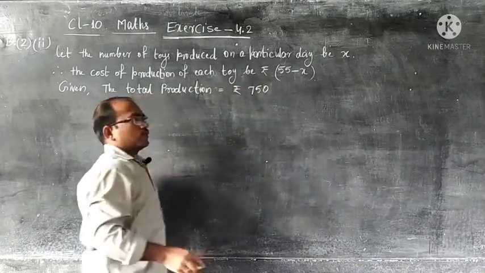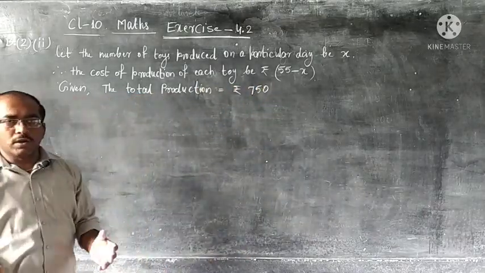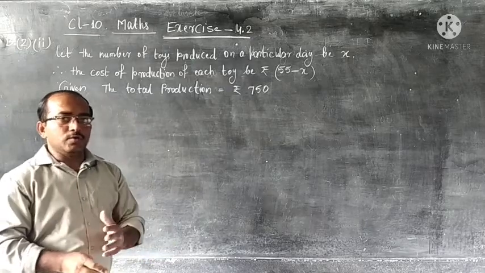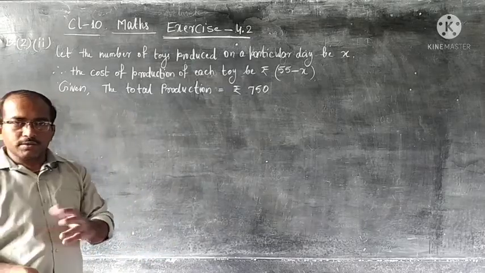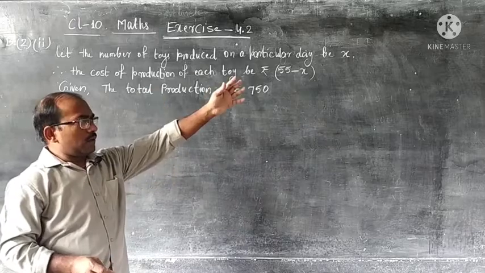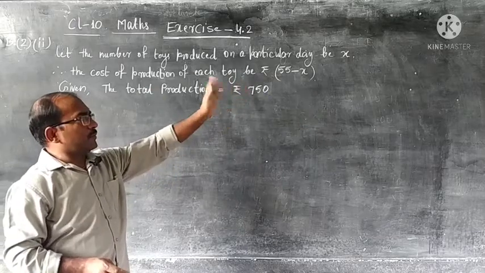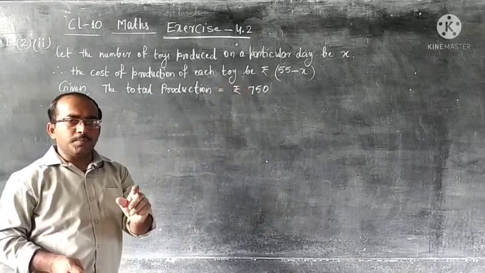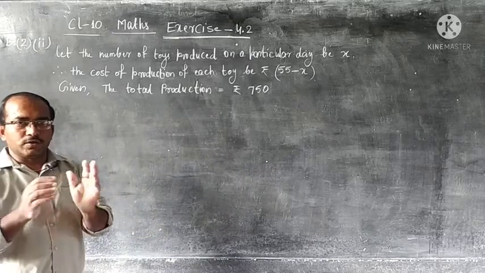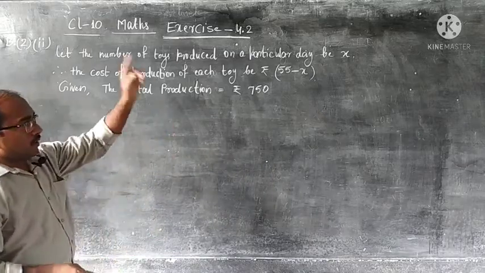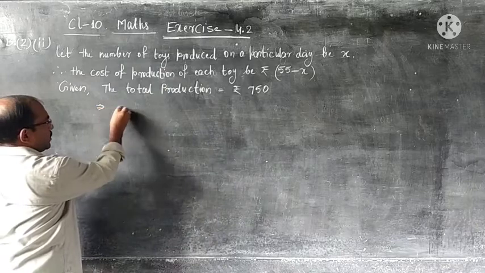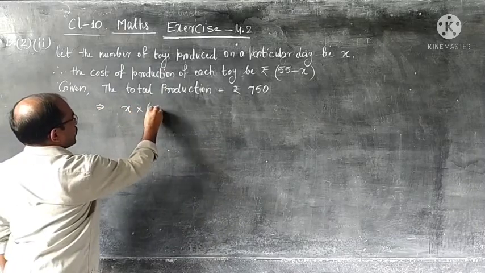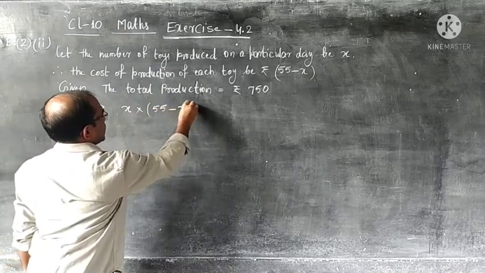How do we calculate the total cost? Number of items into price of each item. x toys are there, each costing 55 minus x. Like 5 pens, 10 rupees each, so 10 into 5. In the same way, x toys and the cost of each toy is 55 minus x.